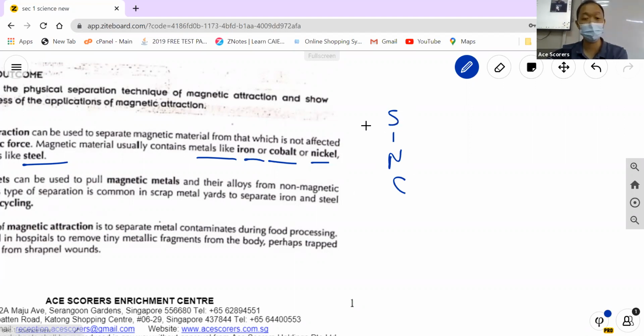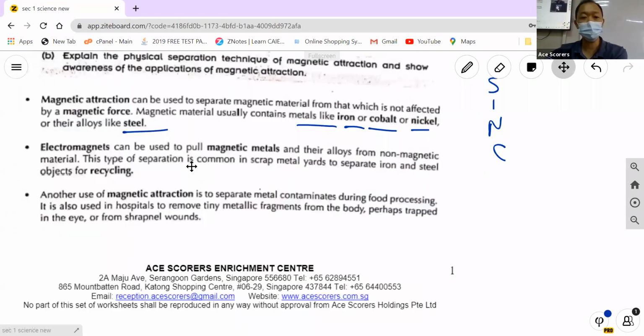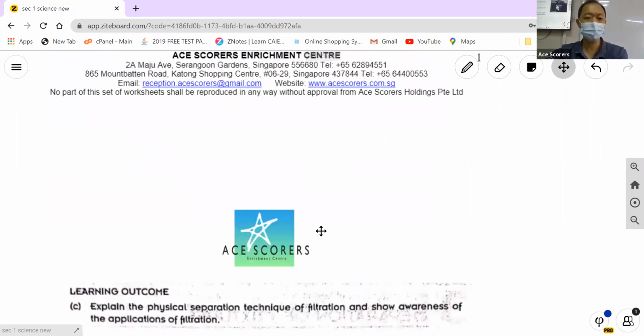Any one of these can be used as an electromagnet or can be attracted to magnets. An electromagnet is when you pass electricity through a metal and turn it into a temporary magnet. Very easy.